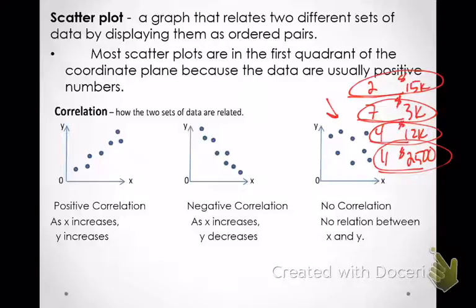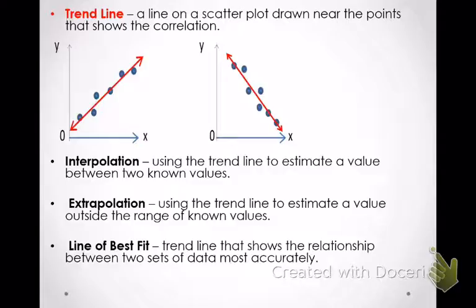So they're not all going to line up. As a matter of fact, there is no data set that will line up perfectly. So when we draw our trend line, we're going to have to fit those data points the best we can. Okay? When we have that trend line, we're going to try to make predictions.